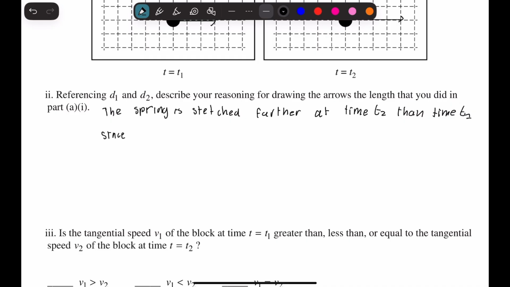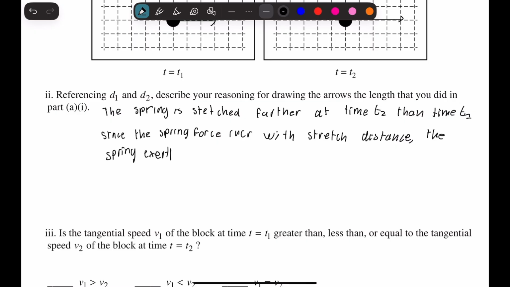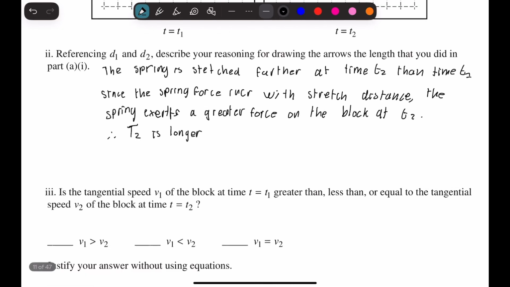And since the spring force increases with stretch distance, the spring exerts a greater force on the block at T2. Therefore, that force arrow is longer.